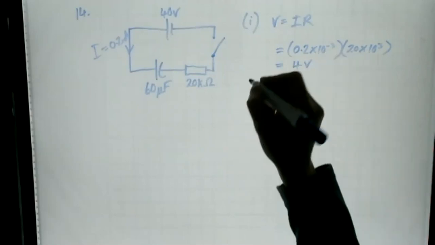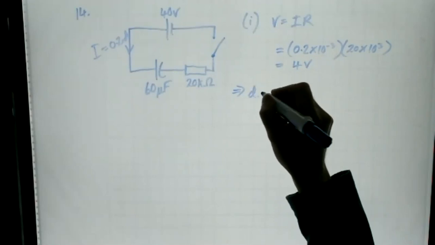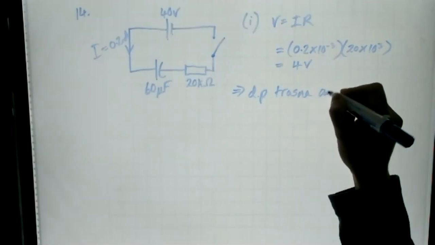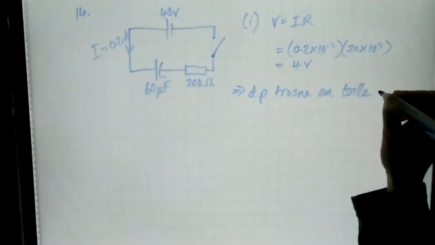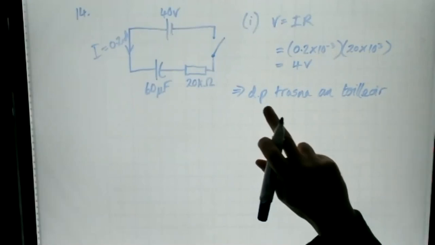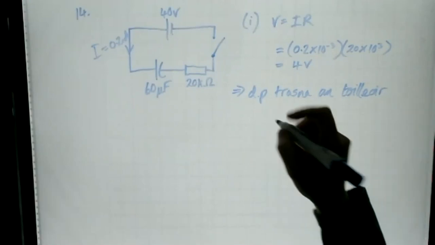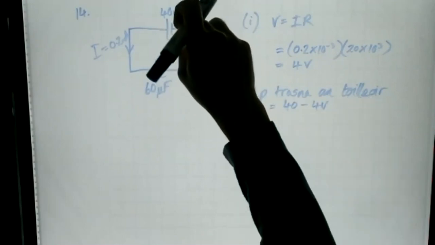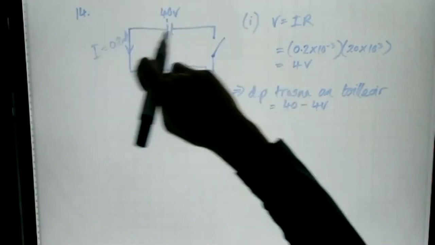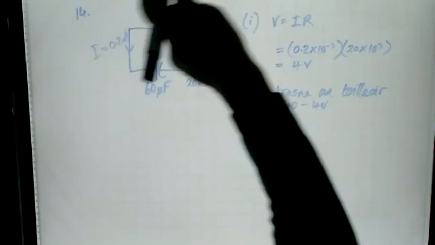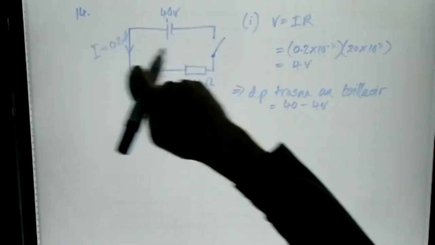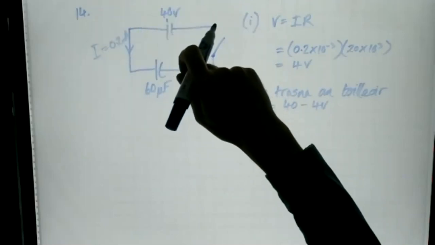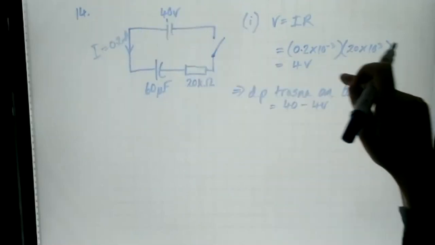Now the potential difference across the capacitor is 40 minus 4 volts, because the resistor slows the flow of current and drops 4 volts.